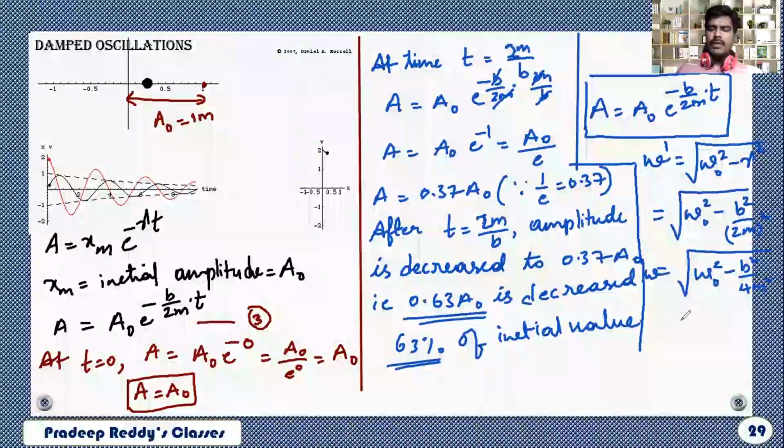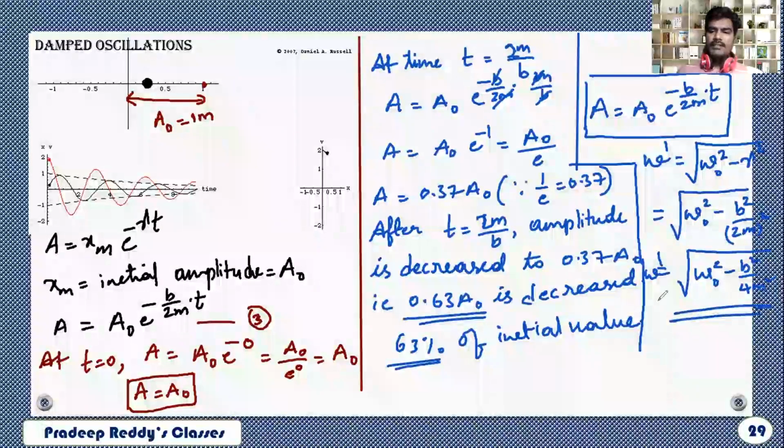So clearly what is happening to angular frequency? Angular frequency is also changing because omega naught is the initial angular frequency. Omega naught is decreased by a factor of b square divided by 4m square. So omega naught decreases.